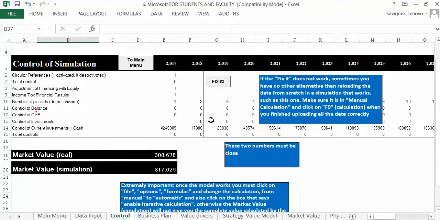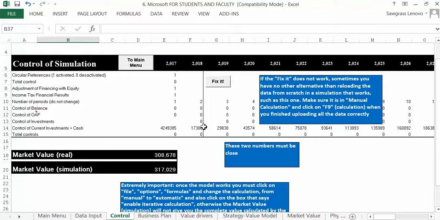The way to fix it is to click on Fix It. Fix It is one equation that my friend Juan developed, that automatically rebuilds the model if it can. Sometimes you cannot do it. Sometimes if it is too messy, there's nothing you can do. So hopefully that doesn't happen. If that happens, you will have to start again. So I hope it doesn't.